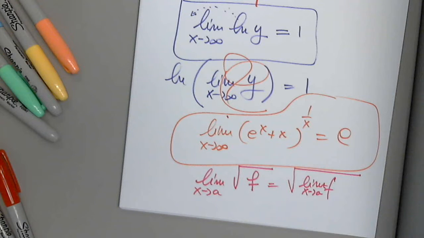Because this function is continuous, I'm allowed to swap the two operators and put the square root outside. This was one of the limit laws. For the same reason, the limit of the natural log of the function is the natural log of the limit of the function. But it doesn't happen unless the function is continuous. So this was a theorem on continuity.